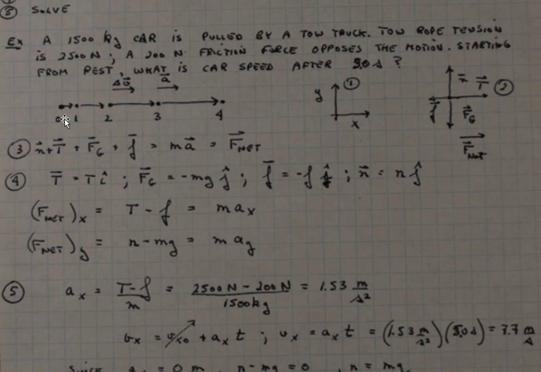Okay, so the motion diagram is going to be one of the car picking up speed, and here's the coordinate system. I'm assuming the standard y up, x to the right, positive direction for the two axes.